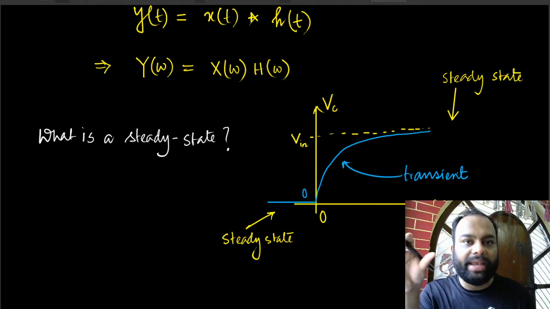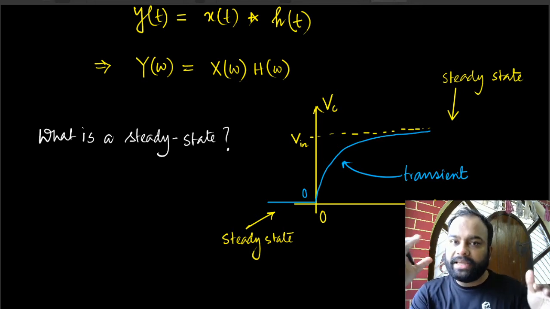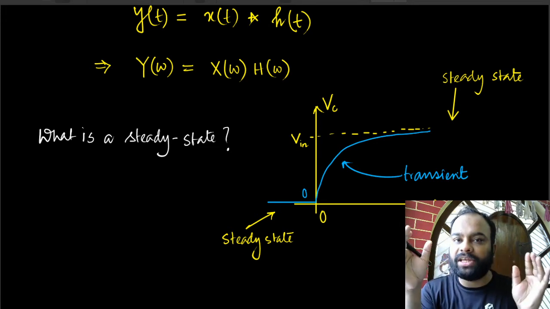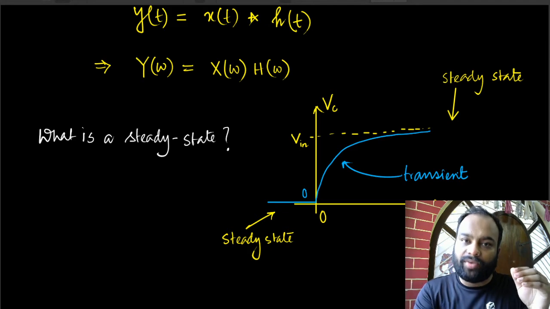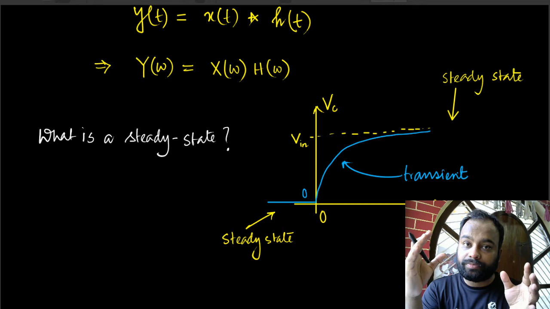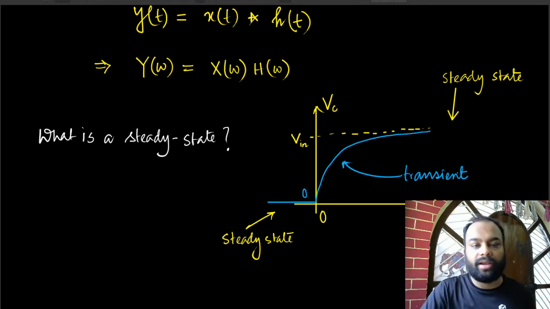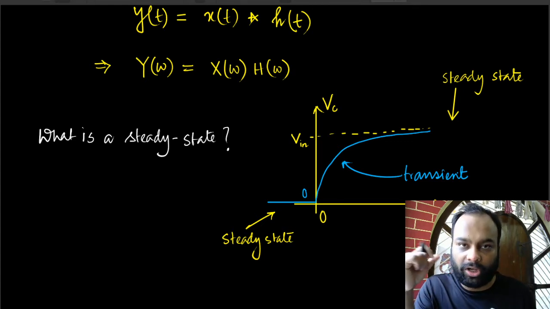A transient is nothing but the response of a system that you can see between two successive steady states. That is entirely the definition of transients. So it was in one of the steady states, then it reached another steady state. In between those, whatever states I see is known as the transient, right? So transient basically means transition from one steady state into another.